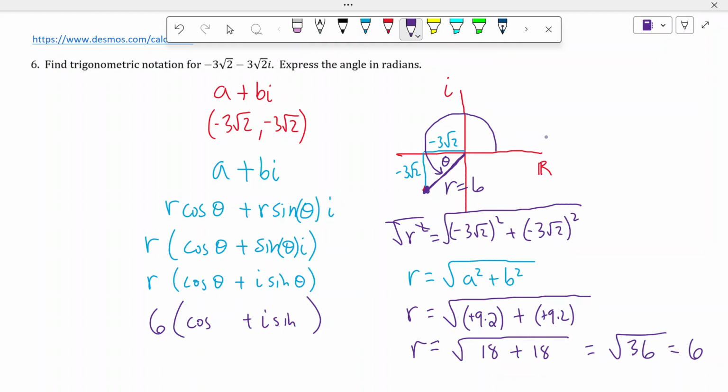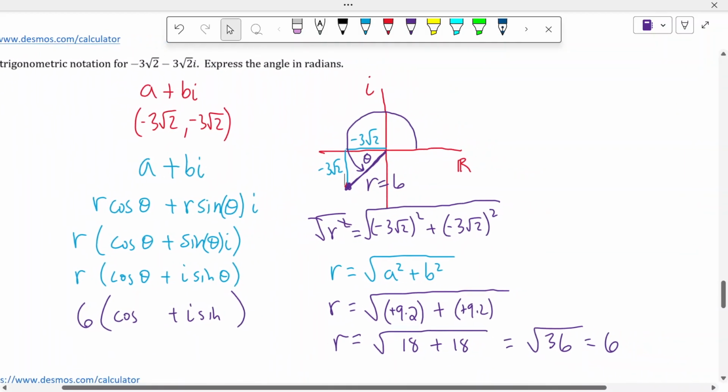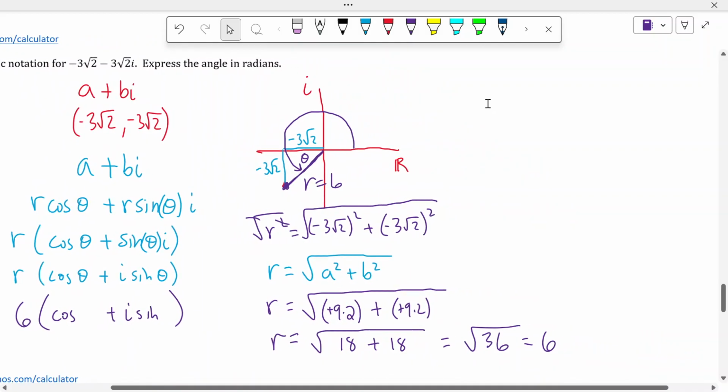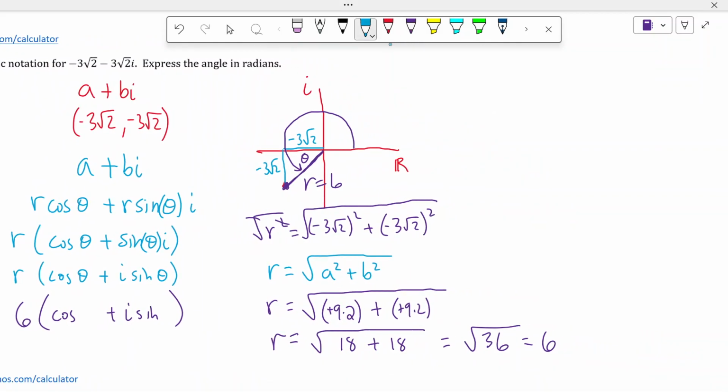Well, how do we do that? Again, there's a formula for it, and I'll write the formula, but then we'll look at the picture. The picture will tell us the formula. So the formula is the angle is going to equal the tangent inverse of B over A. That's just because in this picture, if I want the angle here, it's just opposite over adjacent is the tangent, and we want the tangent inverse for this.